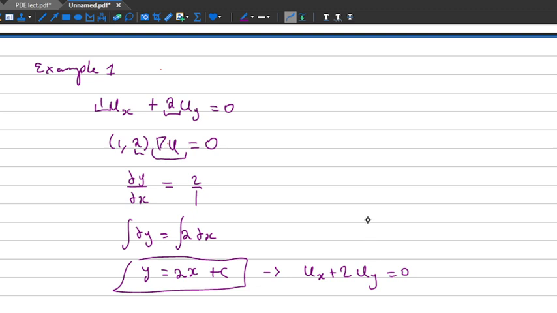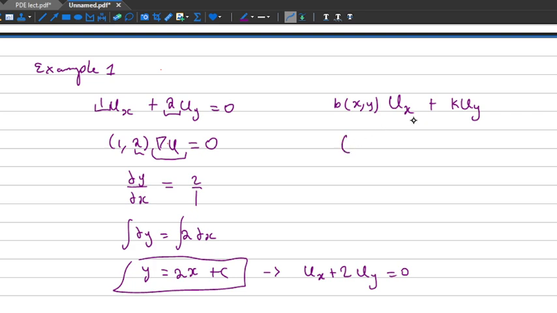We can also have functions in front of x. As long as it is homogeneous, we can solve it that way. Same applies if you have b, a function of x and y, times ux, and some value k times uy.